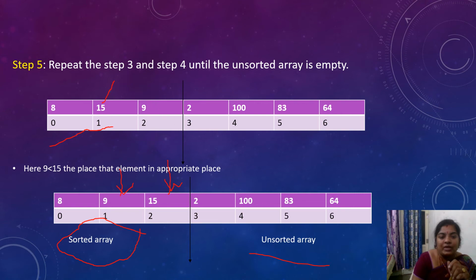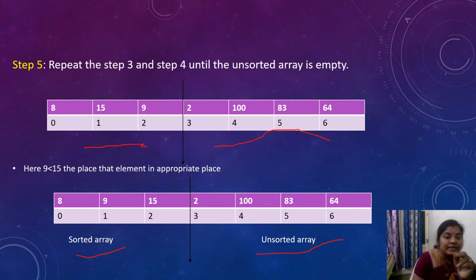So remember one thing: only after placing the insert element in the appropriate position can I write sorted array and unsorted array. Coming to the previous diagram, the first diagram, I did not write sorted array there; this is the unsorted array.